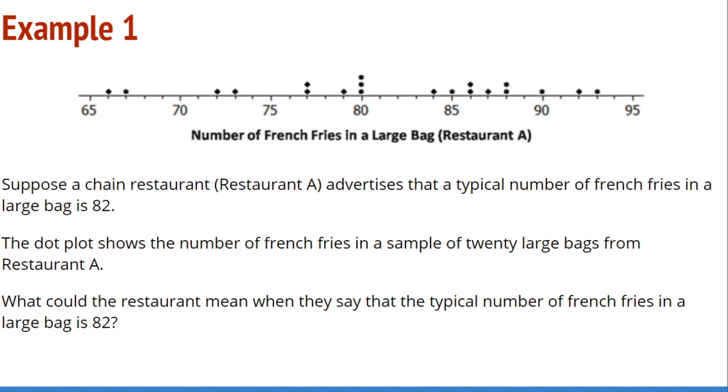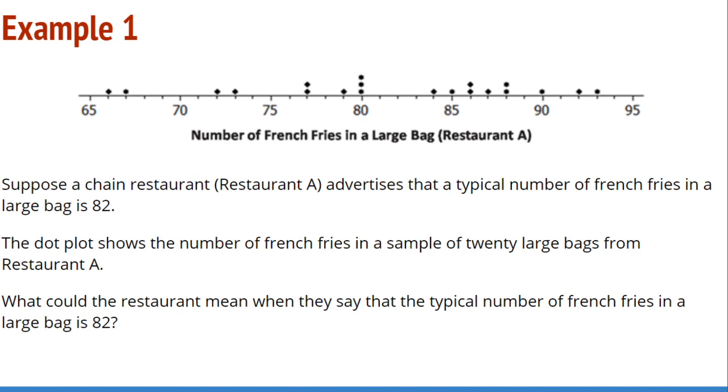So here's our first example. We've got a chain restaurant, McDonald's, Burger King, In-N-Out, somebody, that advertises a typical number of French fries in a large bag is 82. So they say a typical amount of French fries you would find in our bag is 82 French fries.